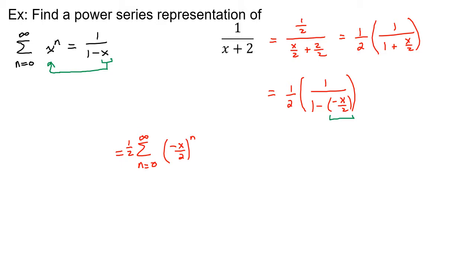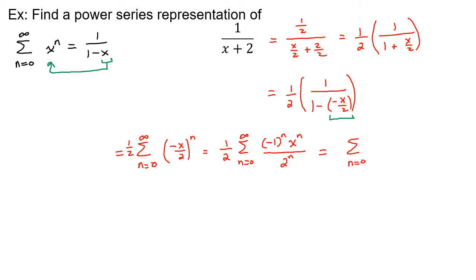Again, you can adjust this a little bit if you'd like. The negative to the n would be no different than negative 1 to the n. It's just making it alternate. Then I'll have an x to the n on top and a 2 to the n on the bottom. The reason I'm splitting that up is because technically the 1/2 out in front could then come back in and combine with the 2 on the bottom.